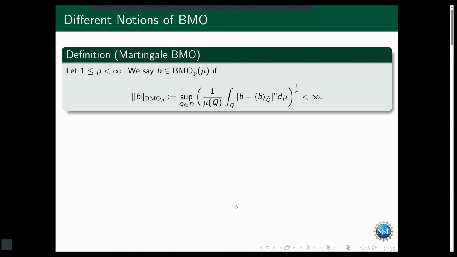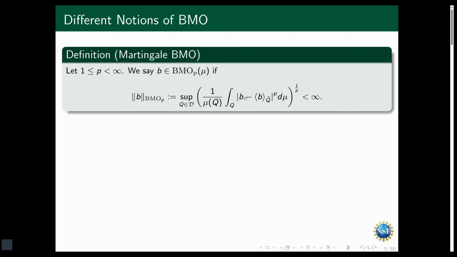Okay, there are competing definitions of dyadic BMO when your measure mu is no longer homogeneous, no longer dyadically doubling. So this first definition you might call martingale BMO, and it's defined using the following norm, and denoted by BMO_p(mu).